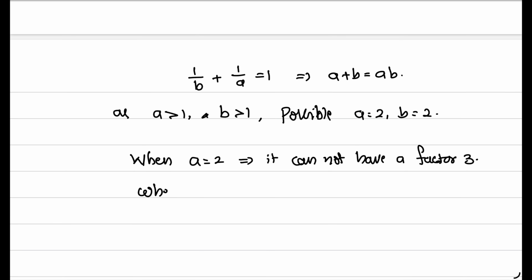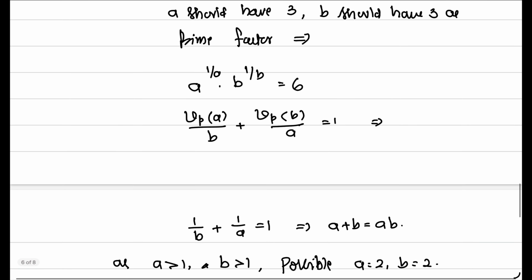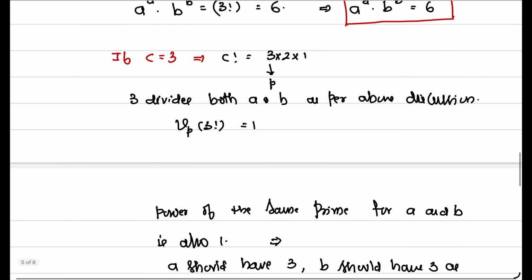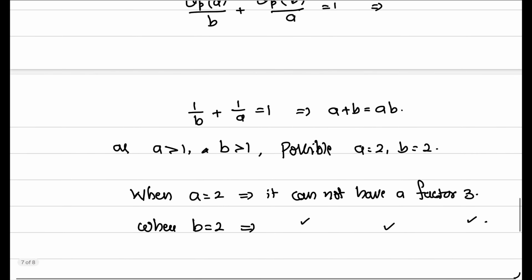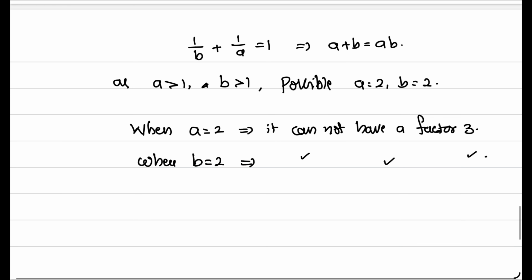When B is equal to 2, it cannot have a factor as 3. Hence, C is greater than or equal to 3 is not a possibility.